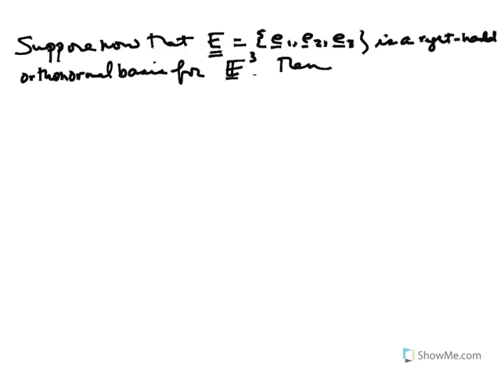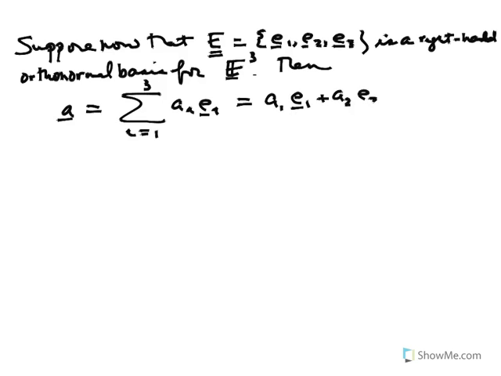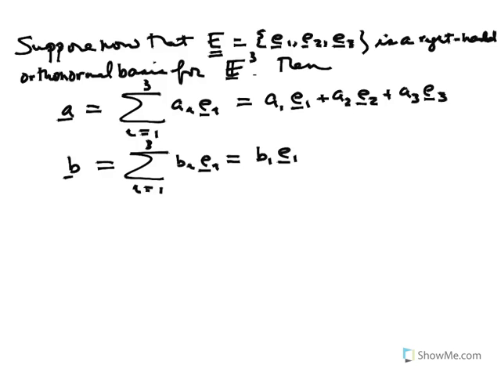So then A cross B, well, before we do A cross B, let's just write A. Then A is equal to the sum from I equals 1 to 3 of AI EI, which is equal to A1 E1 plus A2 E2 plus A3 E3. And B is equal to the sum from I equals 1 to 3 of BI EI, which is equal to B1 E1 plus B2 E2 plus B3 E3.